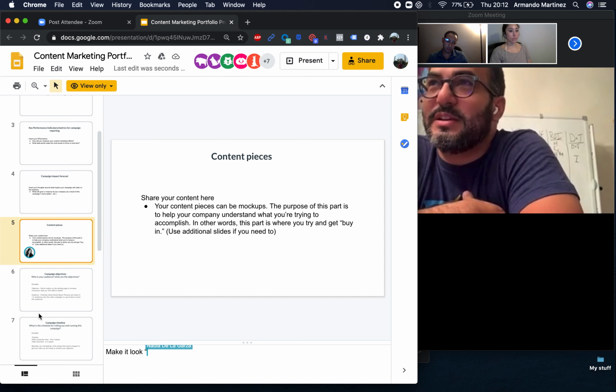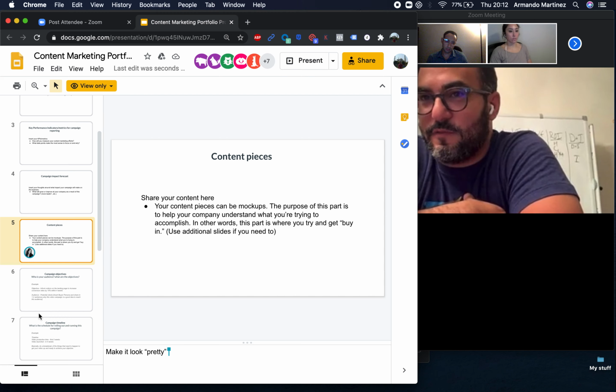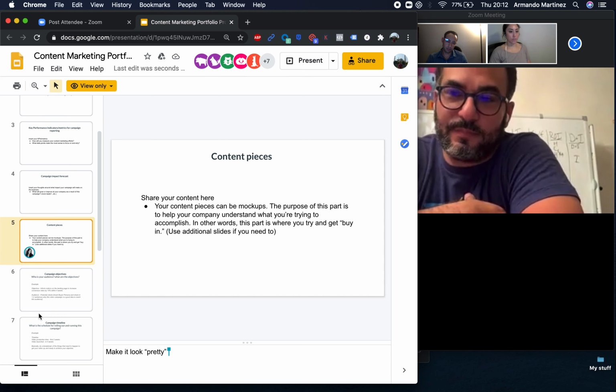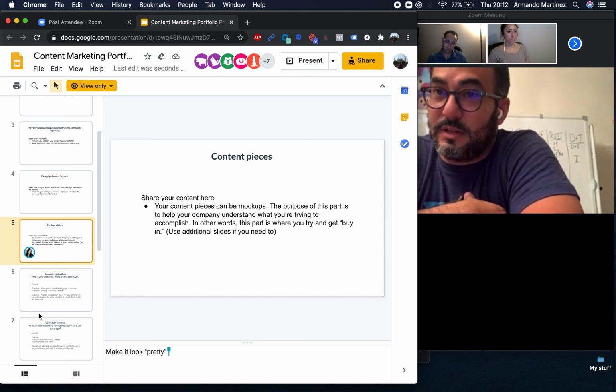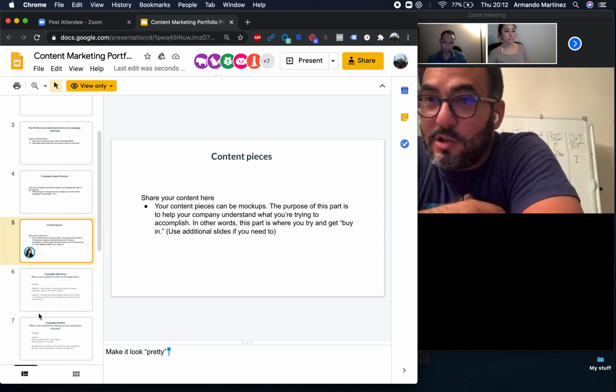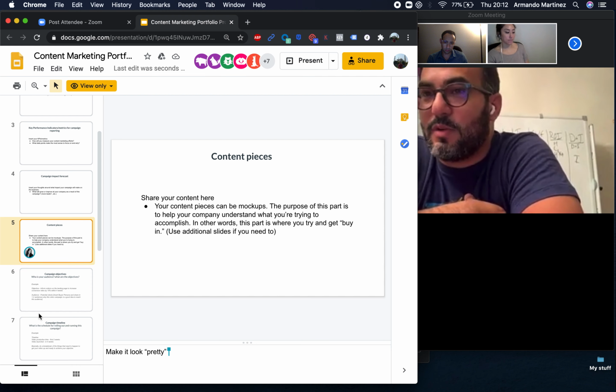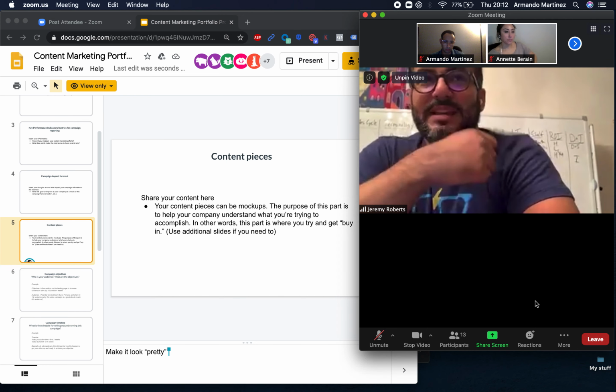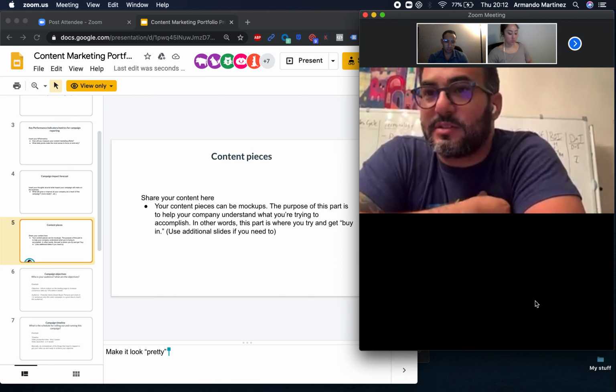Even if you have to copy and paste images off of somebody else's work and then Photoshop it in there or do whatever, do it. But just make sure that the display ad looks like a display ad. If you put in a call to action, be ready to talk about why you put that call to action, right? Something to be wary about, even in today's day and age, is ADA compliance.